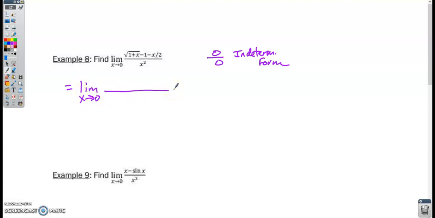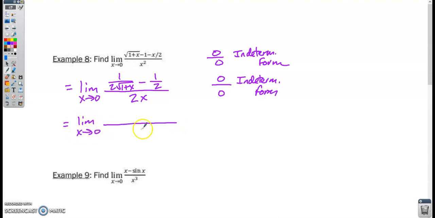The derivative of the numerator is 1 over 2 square root of 1 plus x, minus 1/2, all over 2x. Guess what? This is 0 over 0 again. It's still an indeterminate form, so we're going to take the derivative again of the numerator and denominator.